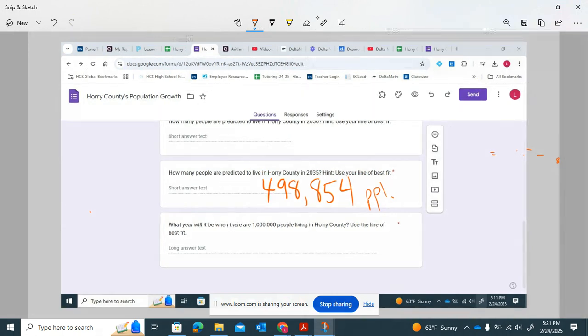So 1 million, 1, 2, 3, 1, 2, 3 equals 8,884.59x plus 187,894. And you have to solve this equation.